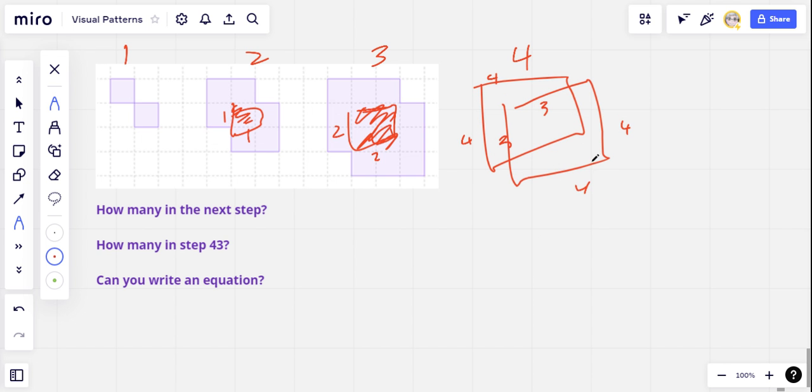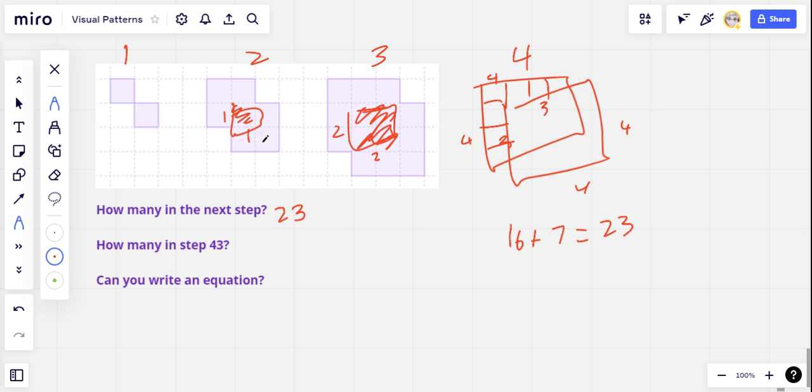In this one, 4 by 4 is 16, and then the edge that remains after the overlap, there'd be 1, 2, 3, 4 here, and 1, 2, 3, 4 there. Well, but only 3 more because we don't want to double count the corner one. So that'd be 16 plus 7, so 23, I think. So that's my prediction for step 4.